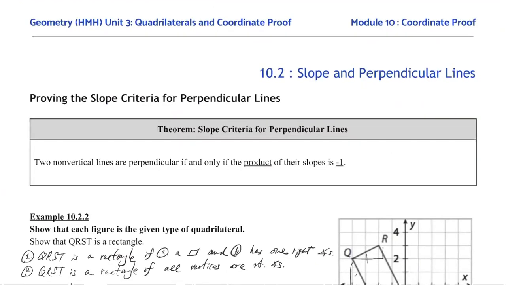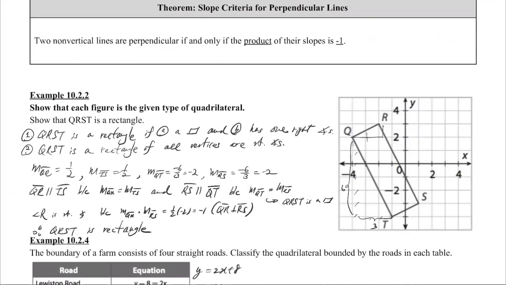Here we go. As I said before, there are two ways. QRST is a rectangle if you could show that it's a parallelogram and has one right angle, or QRST is a rectangle if all four vertices are right angles. Either way you do it, you have to find the slope of all four sides, and I did.